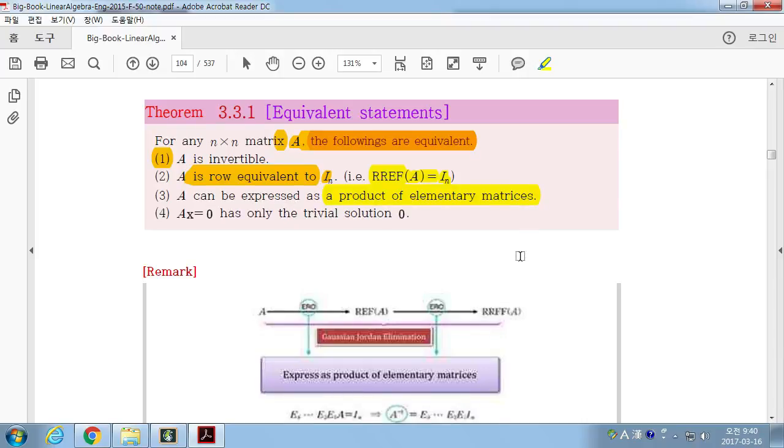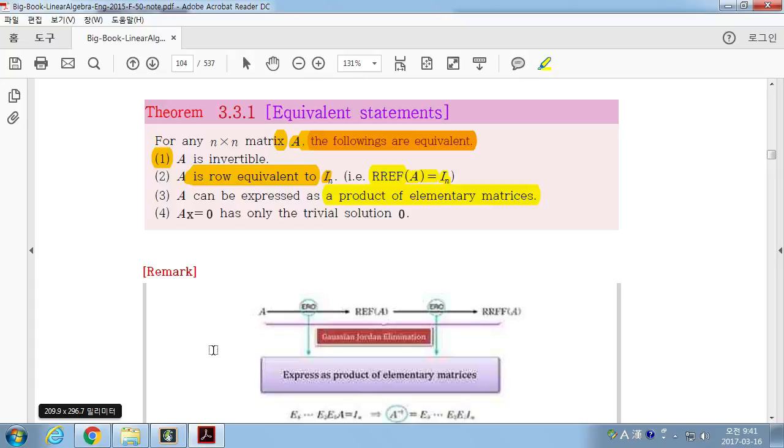Because for the given matrix, you did the elementary row operations finitely many times, then it becomes the identity matrix. That means A can be written as a product of elementary matrices, because A times E1, E2, ..., Ek is equal to identity. That means if you multiply by the inverse of this product, it goes to the right hand side.